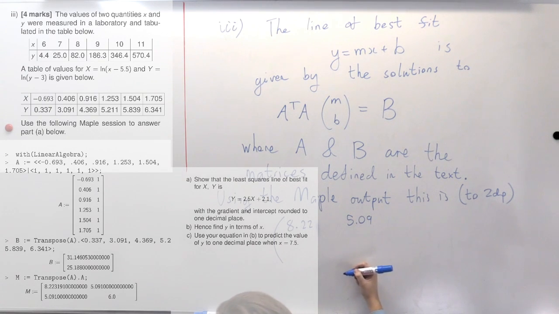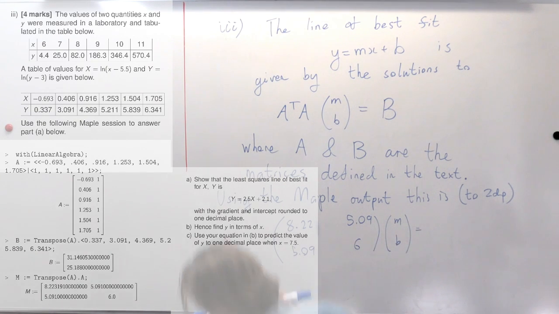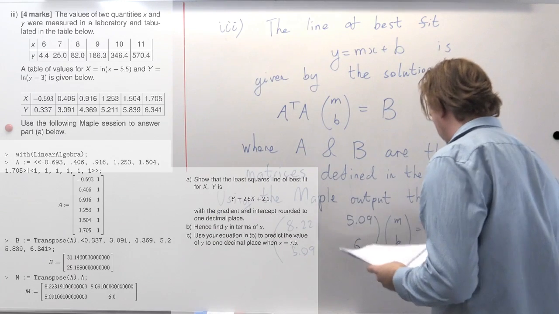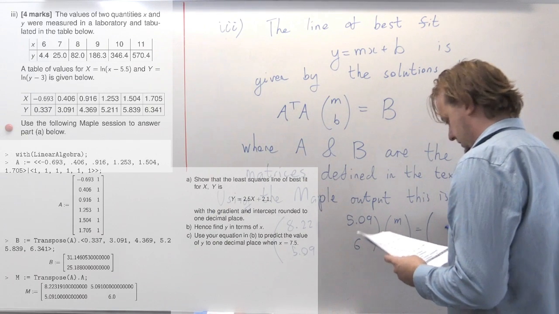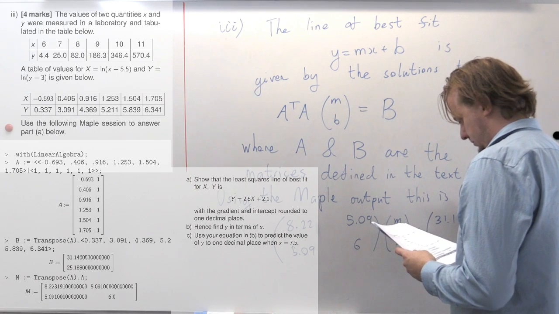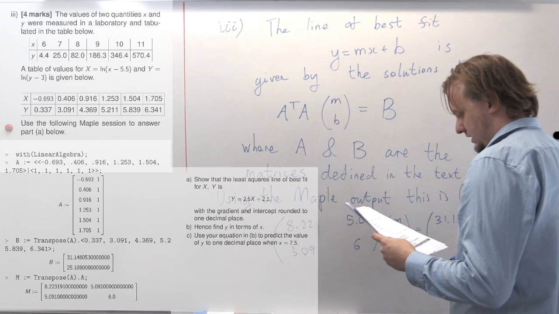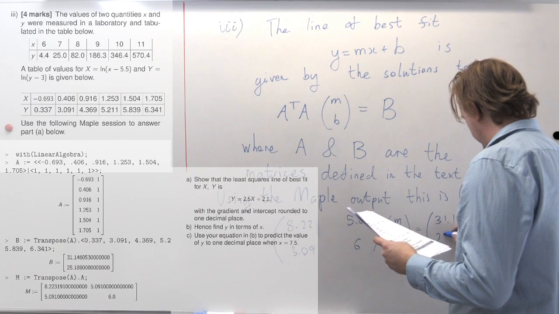You could do it to 1 decimal place, but I think this might be a reasonable compromise. And that has to be equal to, again rounding to 2 decimal places, 31.15 and 25.19.